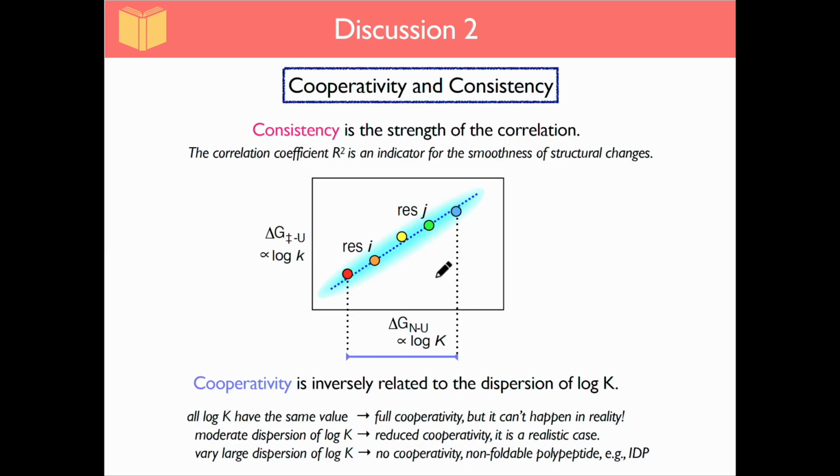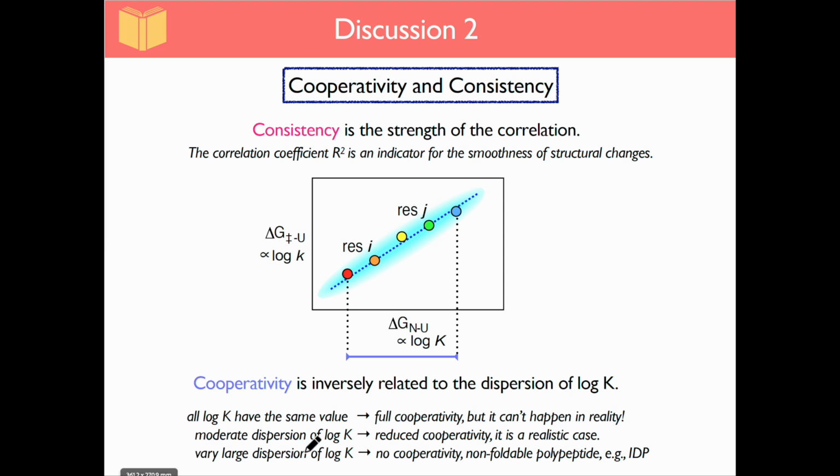Now I discuss the difference between cooperativity and consistency. Cooperativity is inversely related to the dispersion or distribution of the residue-specific log K values. In general, if all log K have the same value, this is full cooperativity, but in our opinion, it can't happen in reality.